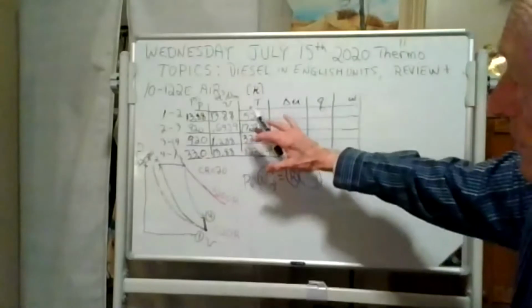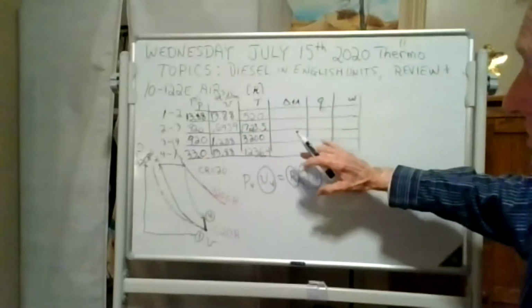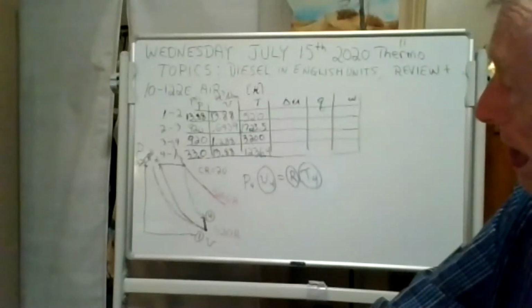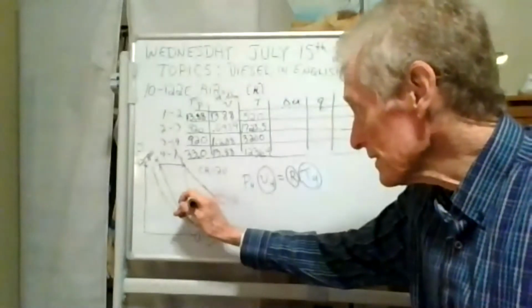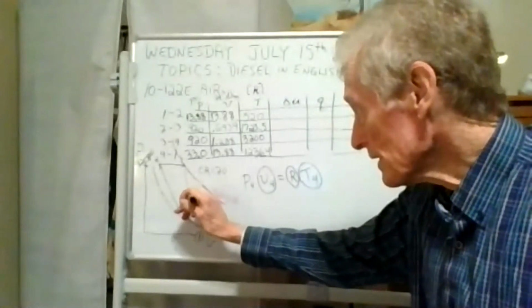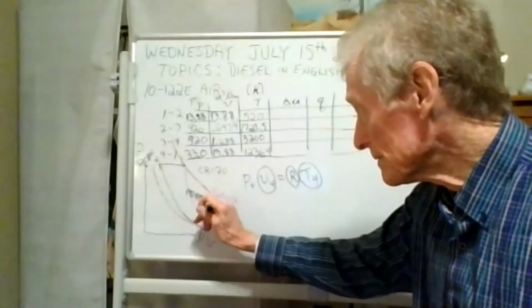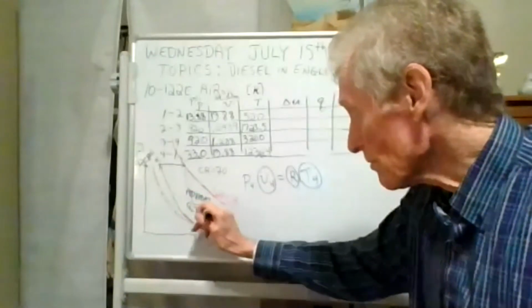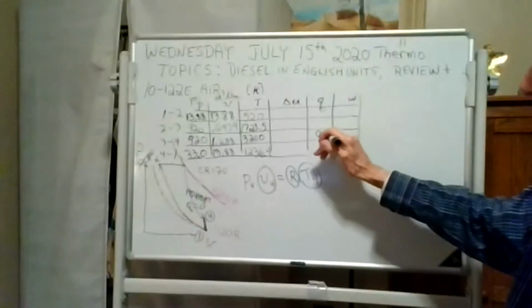Okay, well, let's get our delta U's and Q's. Wait a minute, there's 2 of these Q's that are 0. And that's 2 adiabats. You see, 3 to 4 is really an adiabat. Did you know that? It's an adiabat. The Q is 0 from 3 to 4.